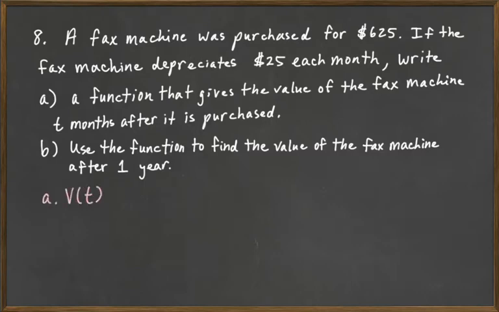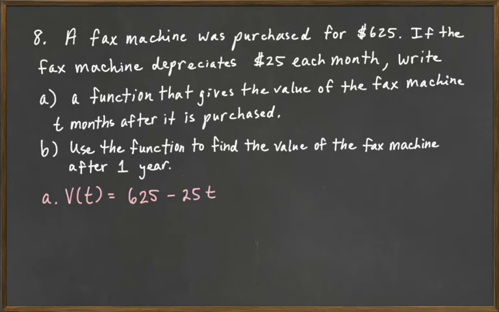Now notice t is the input and V of t represents the value at time t. And so this equals 625. Now depreciates $25 each month means its value goes down $25 each month, where t is the number of months since the purchase. And so we're going to say minus 25t.